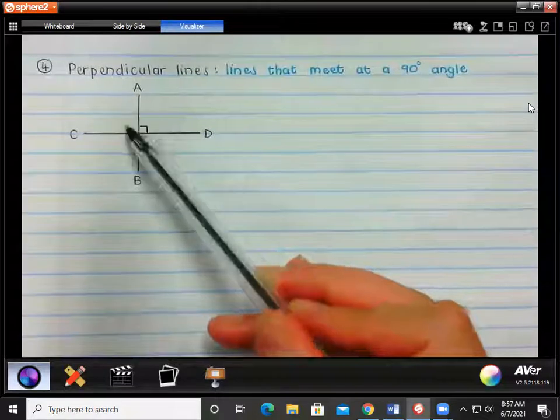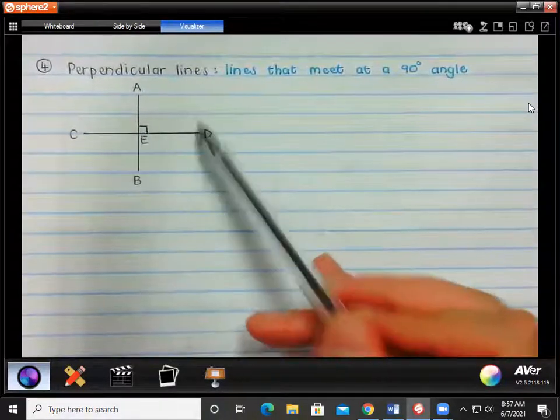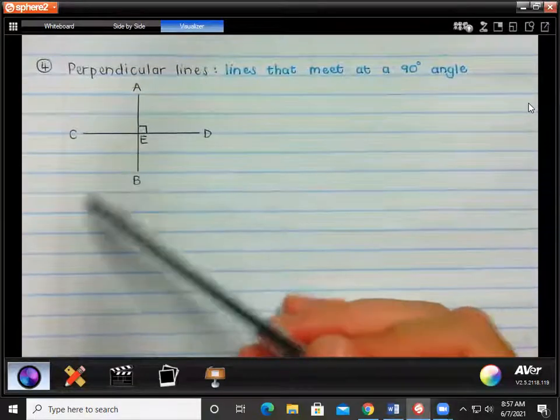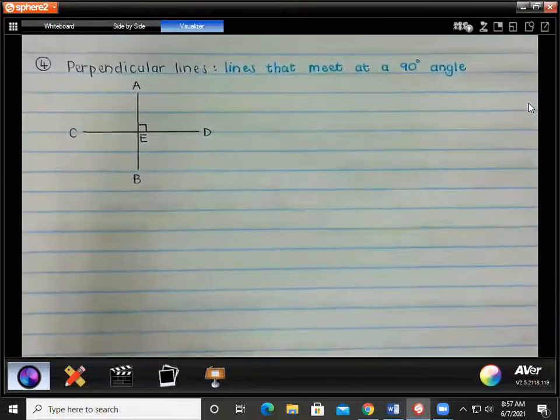It doesn't have to be a perfect square, just kind of try and draw a little square there. Whenever you see that symbol, that is saying that that is a 90-degree angle. All right, so you can make a little arrow there.